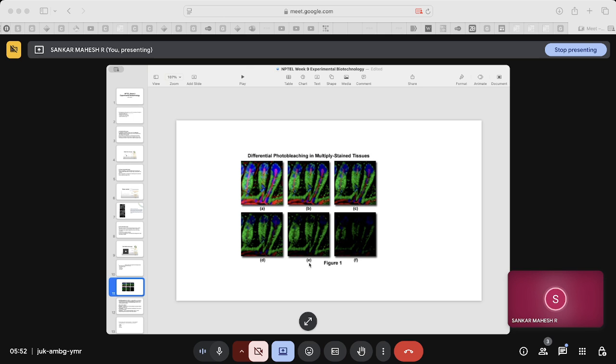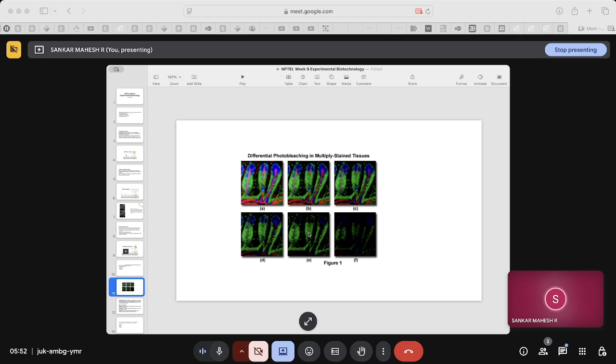So if you see here in A, B, and C, you see decent fluorescence, but you will be able to see gradual decrease. Whereas in D, E, and F, you will be able to see clearly that the fluorescence from other regions, the green GFP signal is also included, is constantly being decreased.